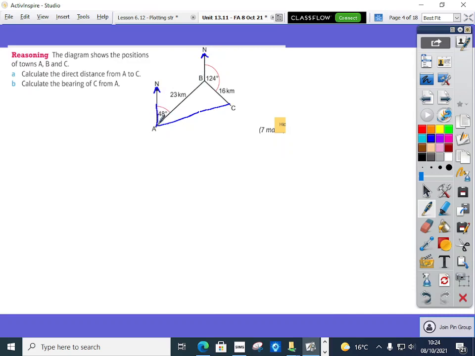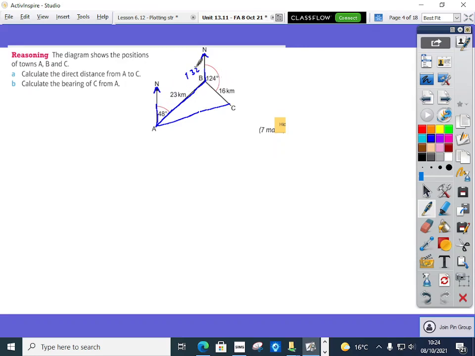If that's 48, this angle and this angle here will sum up to 180. So if I add 2, that gives me 50. 50 plus 30 is 80, and plus the 100 is 180. So those two angles make up 180 because they're supplementary angles.